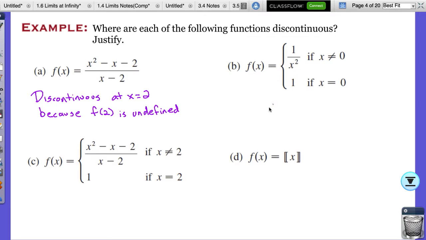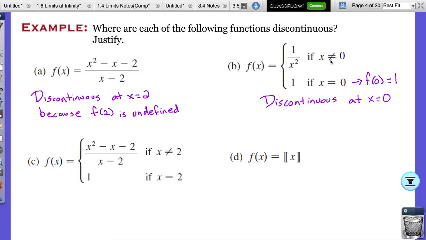All right, what about for b? Where is it discontinuous? This one's discontinuous at 0. I'm defined at 0. f of 0 is 1. That's what the bottom line gives us.